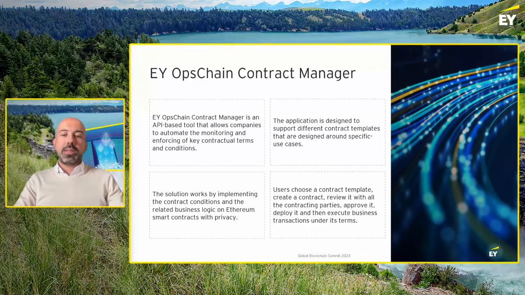So that is, it's ready to check the transactions. Transactions from the different parties are filtered, are vetted by OCM to see if they are actually compliant with the contract terms. And of course, they can be all sorts of transactions.